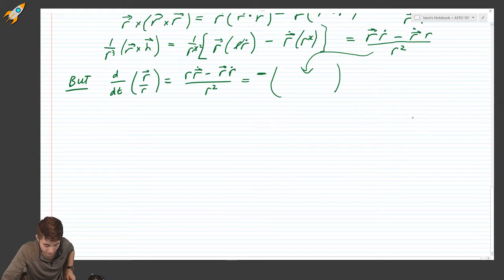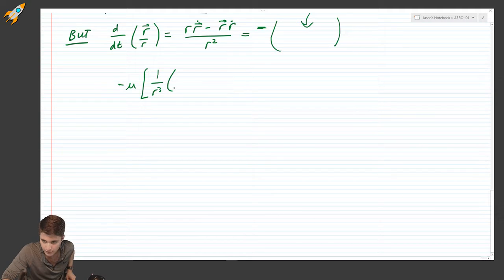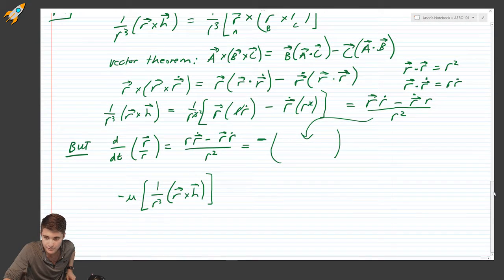So anyway, then we've got something really ridiculous right there. We've got the following: negative mu times 1 over r cubed multiplied by the cross product of r cross h, which is just the right-hand side. And we simplified it quite a bit, to literally just this.